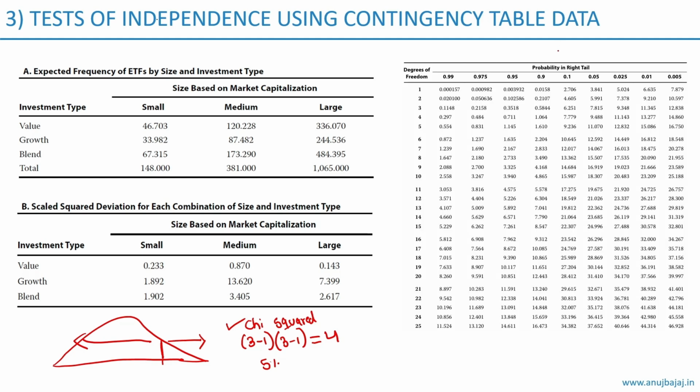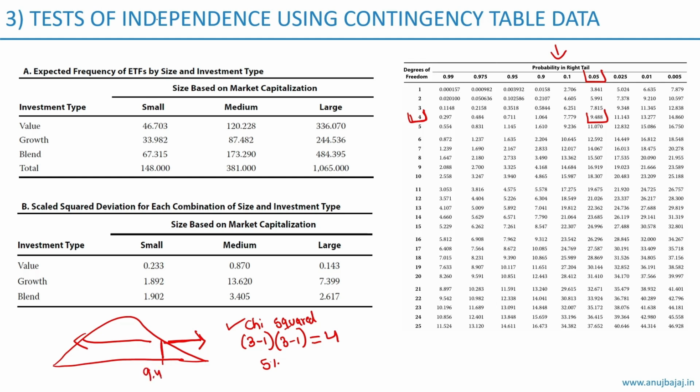So this is the chi-squared distribution table. Against 4 degrees of freedom, because this is a right-tailed test, we have 5% of the observations to the right of our critical value. So against 5% probability in the right tail and 4 degrees of freedom, the critical value comes out to be 9.488.